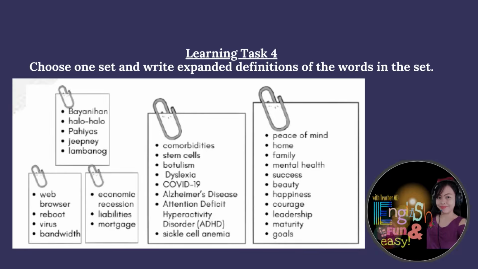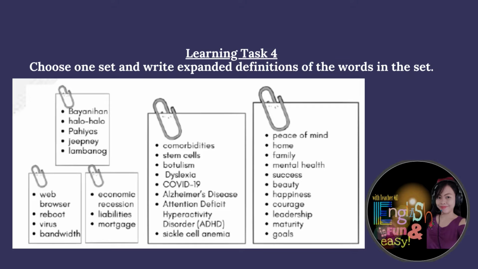How about learning task 4? So, we have 5 sets, and you just have to choose only one and study the words in the set. So for example, in set 1, we have bayanihan, halo-halo, pahiyas, jeepney, and lambanog. For set 2, we have web browser, reboot, virus, and bandwidth. And for set 3, economic recession, liabilities, and mortgage.